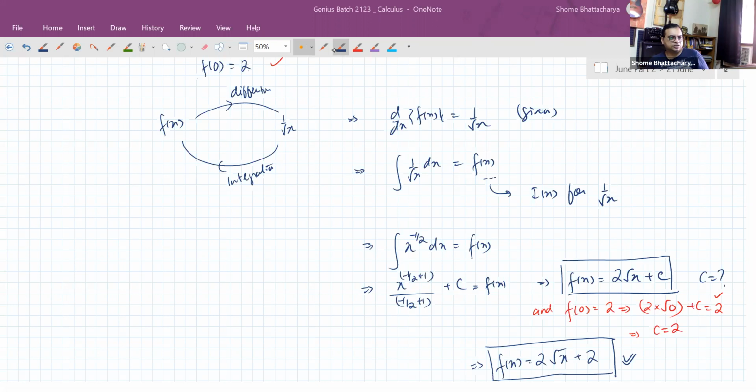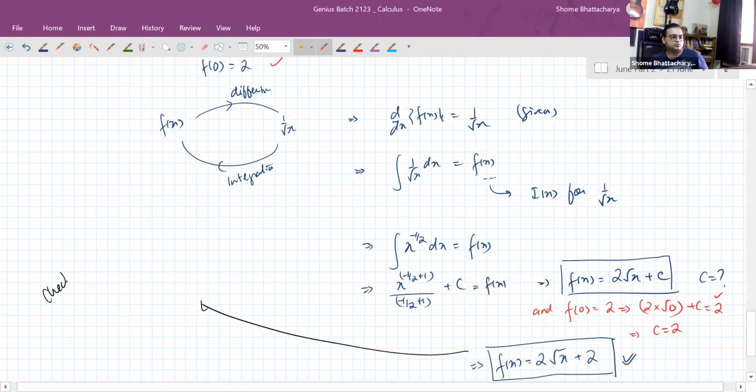So you can check that this function satisfies both the given conditions. The first given condition was that the derivative of that function should be 1 by root x. So that is also satisfied by it. And the second given condition was that the value of the function at 0 should be 2. So that is also satisfied. So this is the simple meaning of doing this operation, that it should give us a function which satisfies the given conditions.